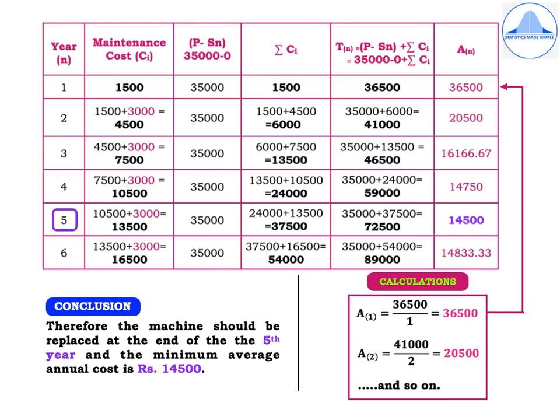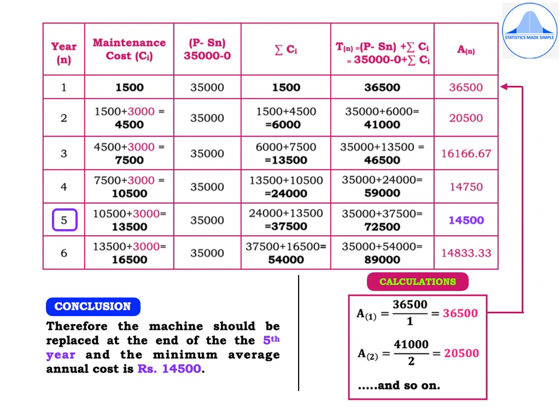For the first year, the maintenance cost is 1,500 and they have mentioned that for the next 5 years, the operating cost increases by rupees 3,000. So for the second year, the maintenance cost will be 1,500 plus 3,000, which is 4,500.